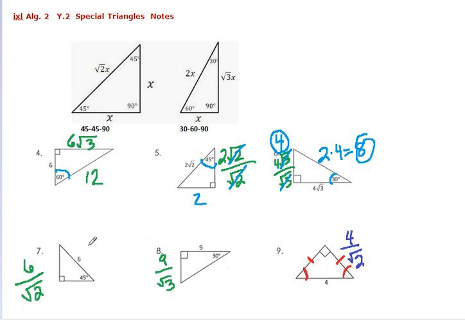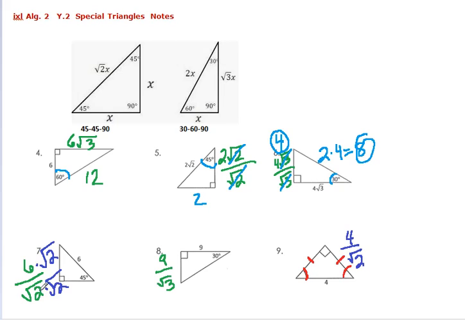Alrighty, I'm going to walk you through these. This is the 45 degree triangle. We have information on the hypotenuse. The hypotenuse is 6. So we know that the hypotenuse is also multiplied by the square root of 2. So to get the sides, we need to divide that by the square root of 2. Now there is a problem there. You cannot have a radical in the denominator, so we will multiply by the square root of 2 to rationalize it.